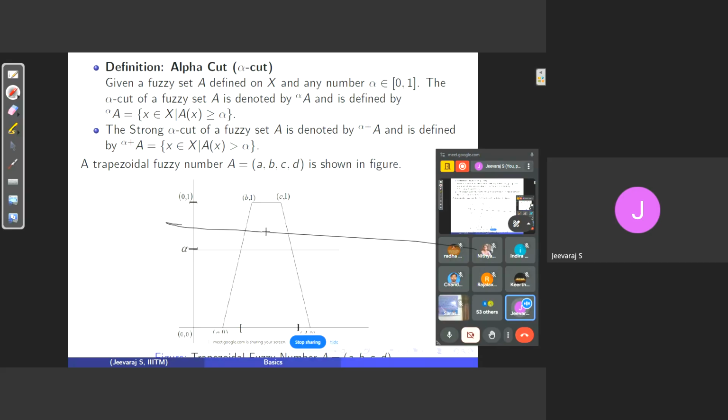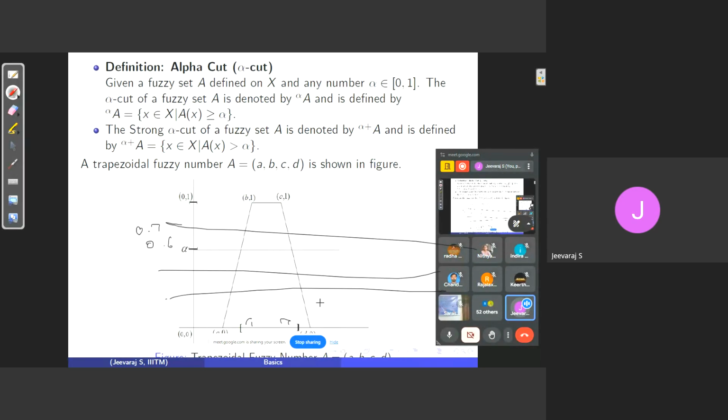I'm drawing using the mouse, so it is not coming out like a straight line. Again, it intersects at this point, and its inverse image would be somewhere like this. So this is nothing but the closed interval corresponding to this particular alpha value. Let us call it 0.7. Let us call this alpha value 0.6.